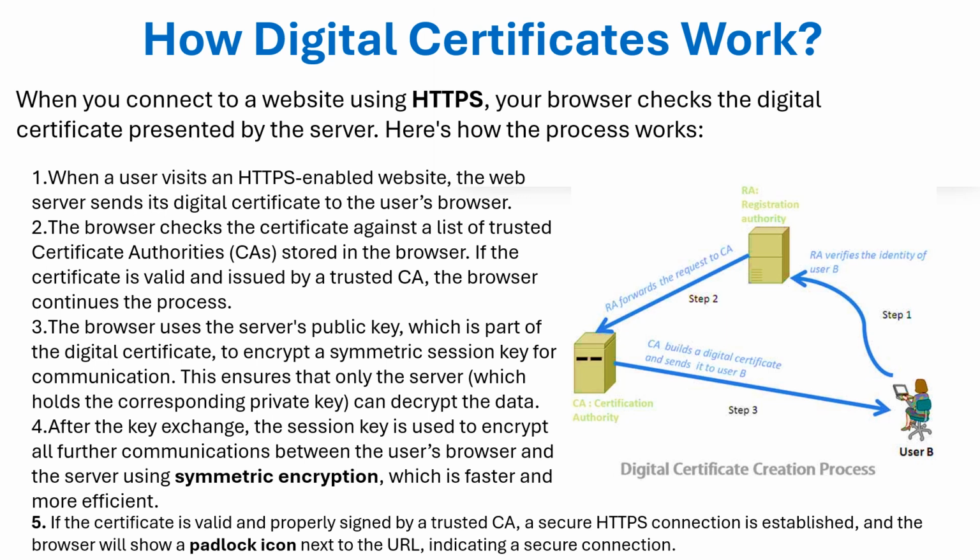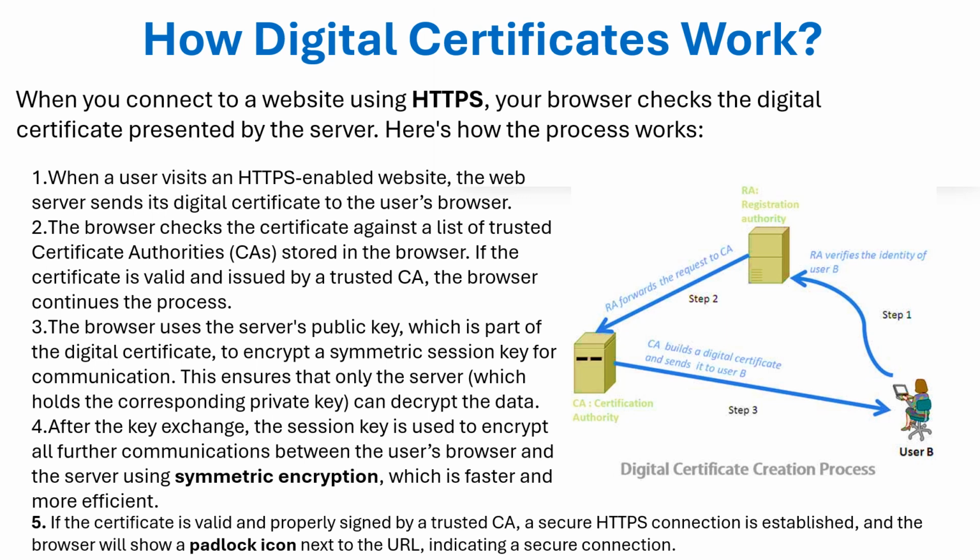People notice that we sometimes get an error message that the digital certificate expired or is not valid. Then the browser checks the certificate against the list of trusted certificate authorities stored in the browser. If the certificate is valid and issued by a trusted certificate authority, the browser continues to process. So this is why we get the error here.